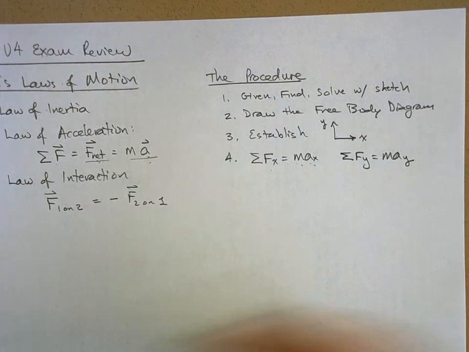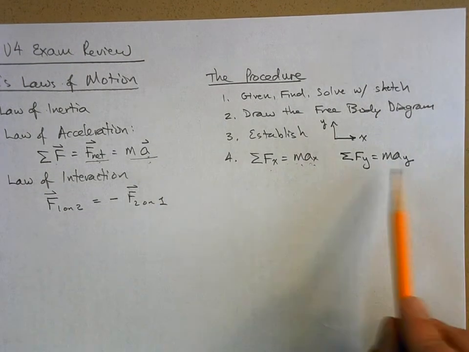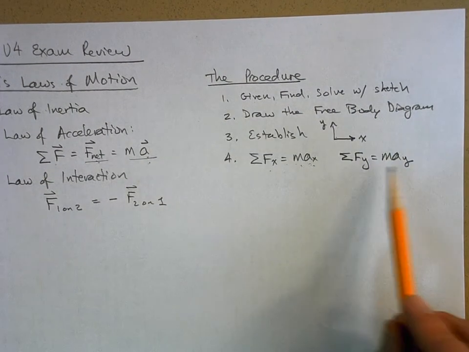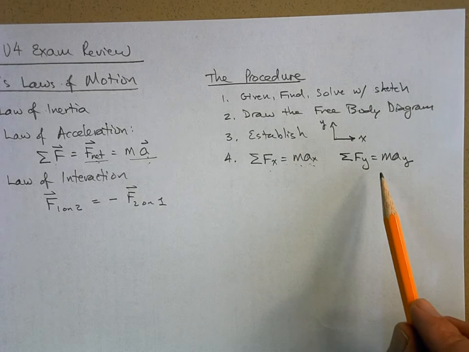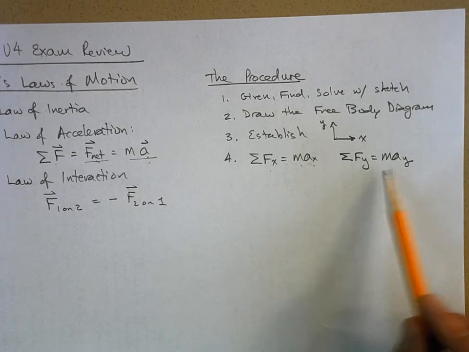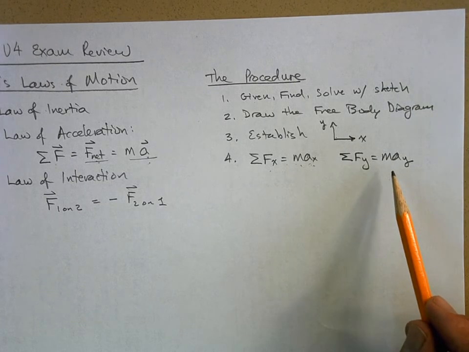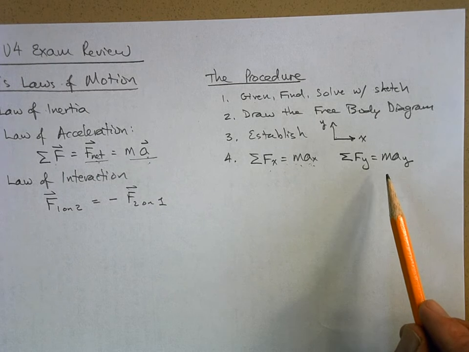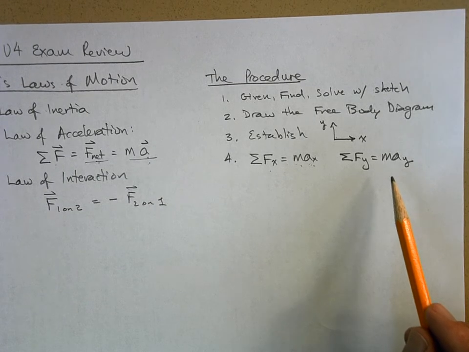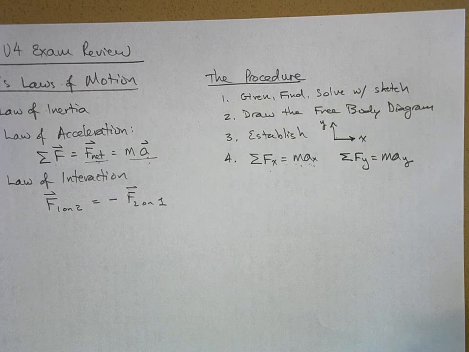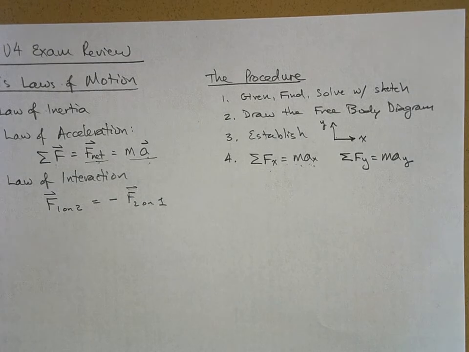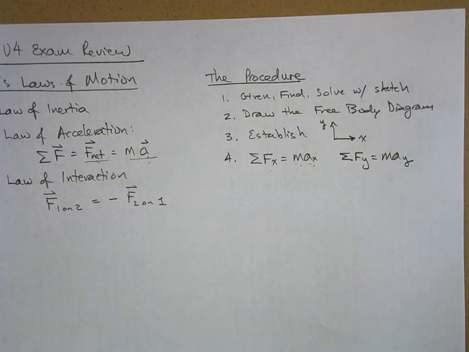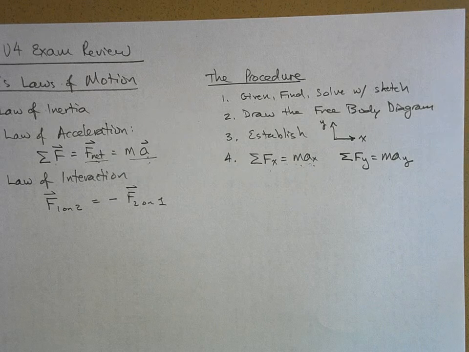Now, some problems will only involve the x direction, and the y direction is irrelevant. Sometimes the opposite is true. Like on the exam, you're going to have an elevator problem. Somebody's standing in an elevator, and it's just like the one in the homework. Someone's going to be accelerated up or accelerated down, or they're moving up or moving down.